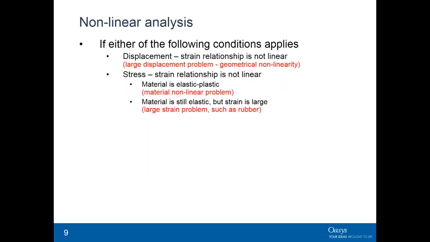On the other hand, if you've got large displacements, so your displacement strain relationship is not linear, if you've got elastic plastic, as in yielding materials, and if you've got large strain materials such as rubber, not used too much in building structures as main structural members, not talking about bearings here.